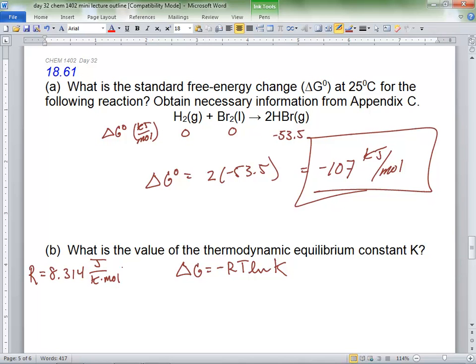Right, these are all written on top of the quizzes and stuff. Or you have it, because you have the exam 4 equation sheet, so you should have all that stuff. They want to know what K is. So I suggest plugging in the numbers. It makes things easier. Right? And watch your units. Watch your units.